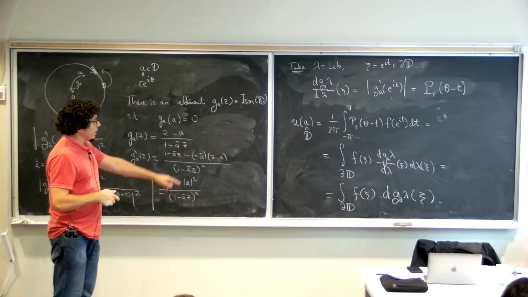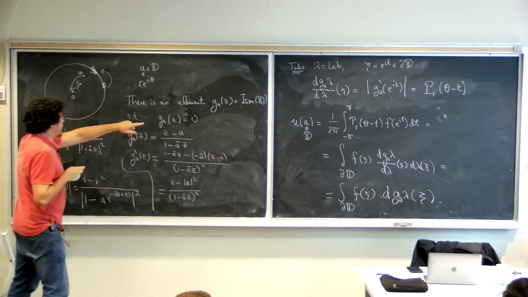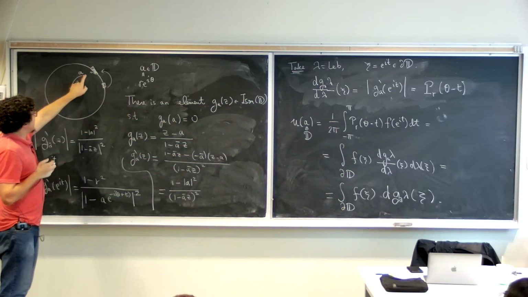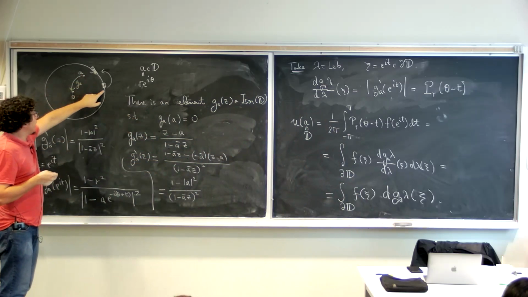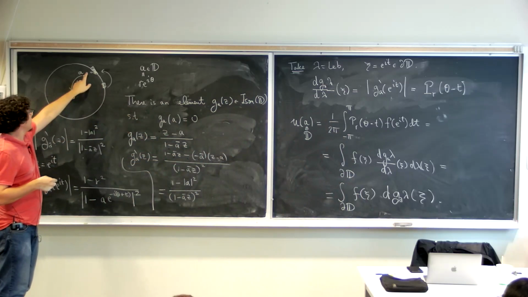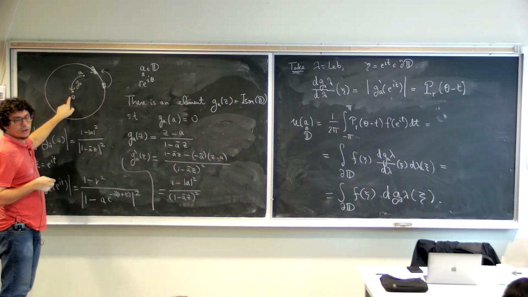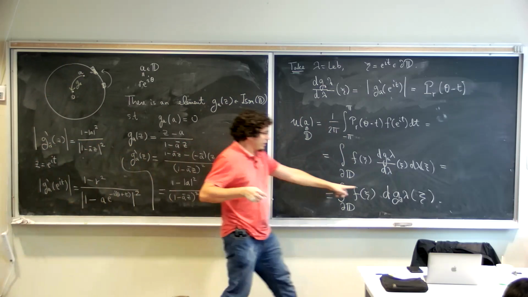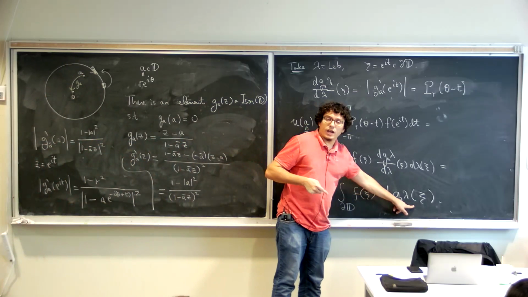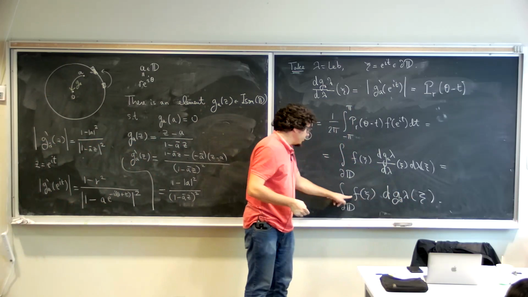What are you doing? You want to find the value of the harmonic extension at an element inside the disk. You take the group element that brings this point to the origin, you push forward the Lebesgue measure by this element, and you integrate against the boundary values.